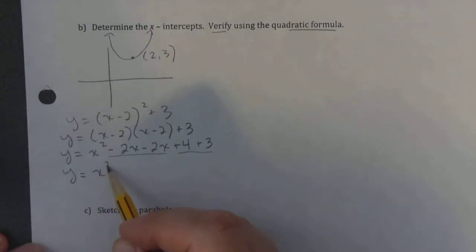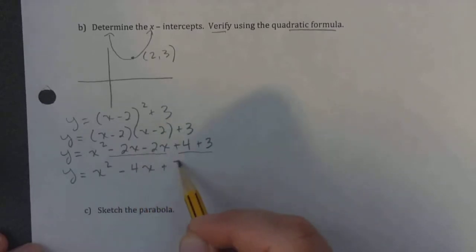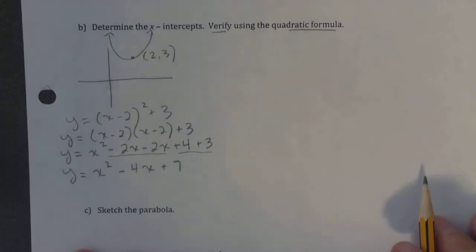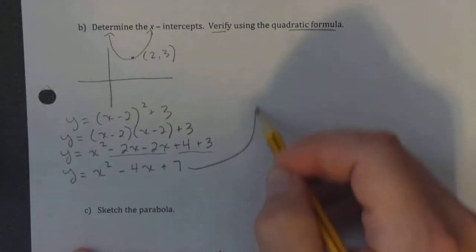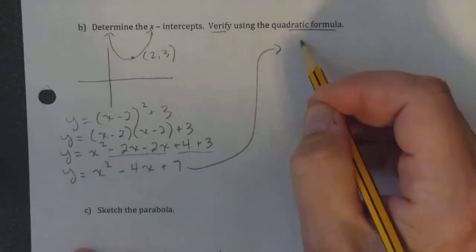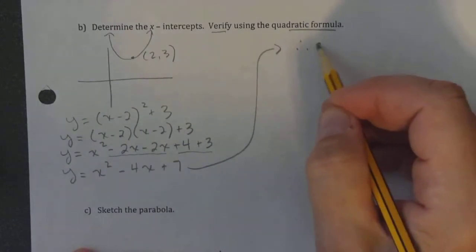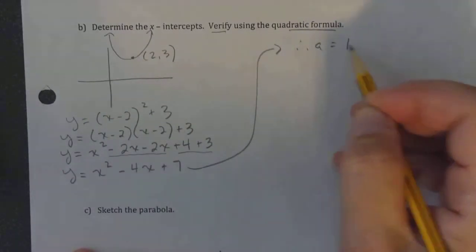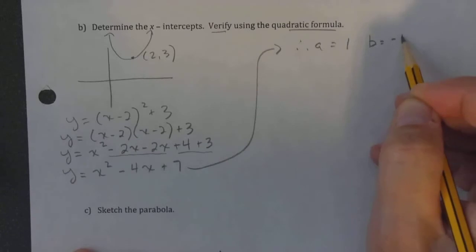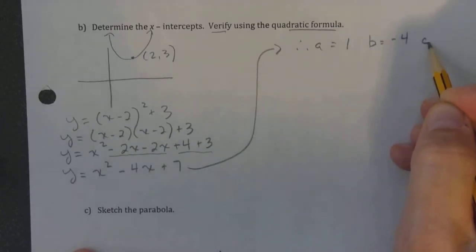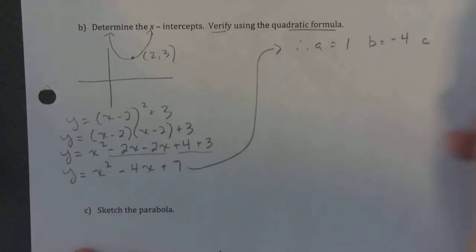So I got y is equal to x squared minus 4x plus 7. Okay, there's our standard form equation. Therefore, A is 1, B is negative 4, C is 7.